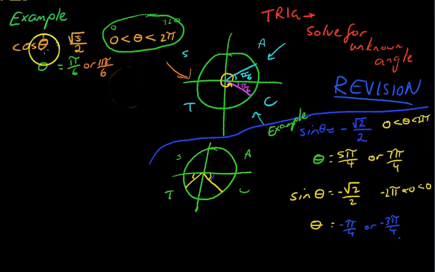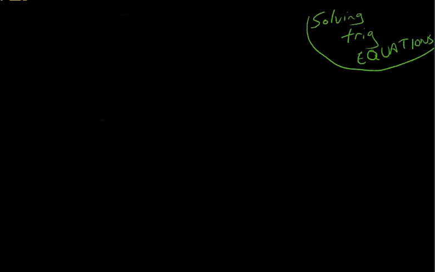And you should be comfortable with solving that within 0 to 2 pi, or even 0 to 4 pi or 5 pi or something like that. You should be able to solve that and get 2 or 3 or 4 or 5 answers depending on how big the domain is. The work that we're going to do today follows directly on from that.